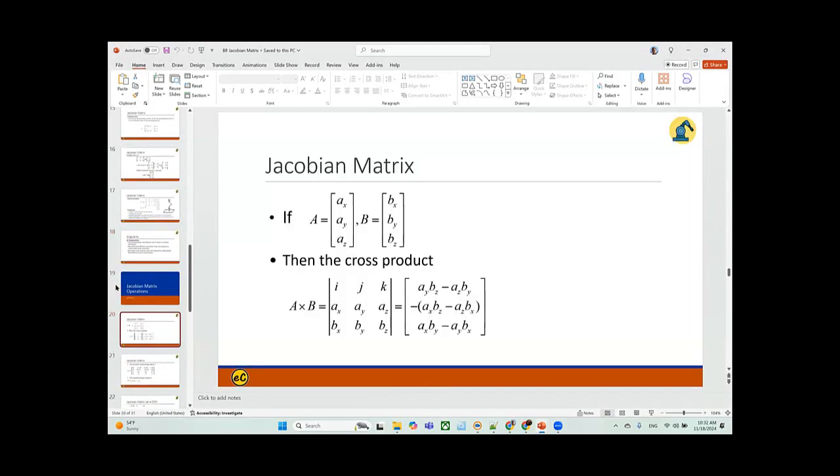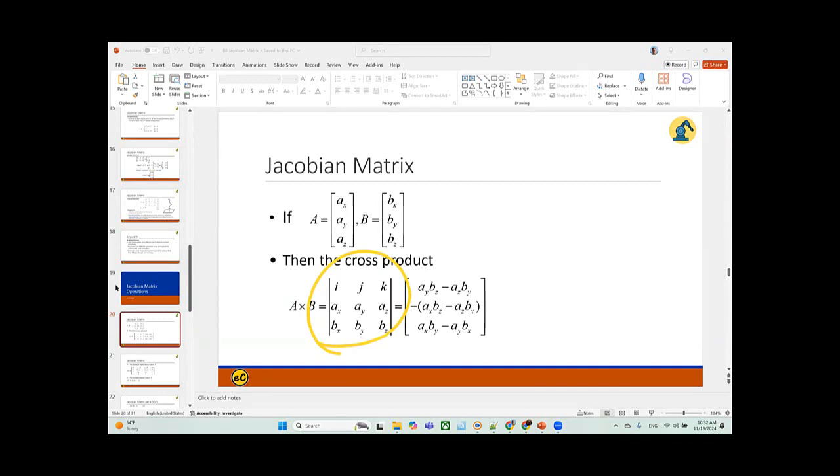So right here, I show you the calculation of the Jacobian matrix. Before we jump into the Jacobian matrix, first you need to know about the A vector and B vector, and you want to calculate the cross product. So the cross product can be calculated by this matrix.